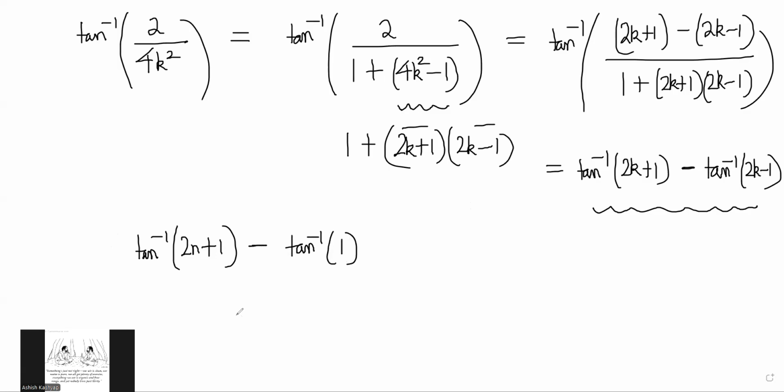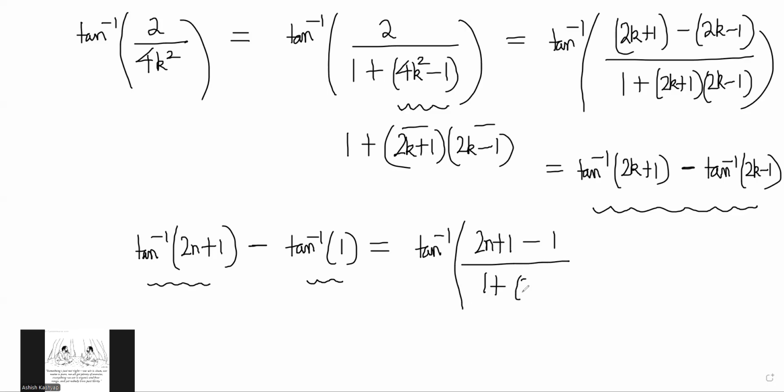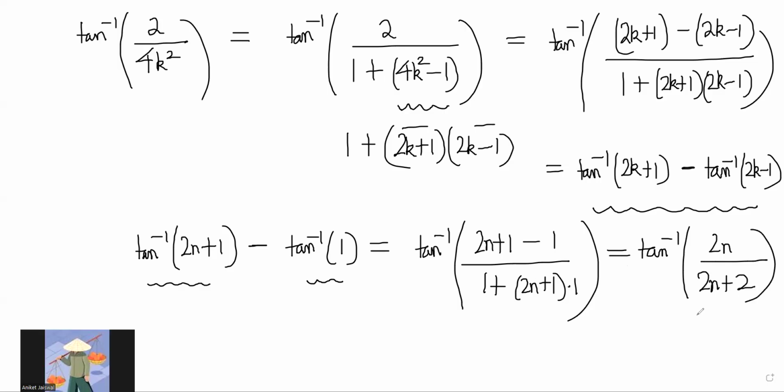Using the same formula, we can write it as tan inverse of (2n plus 1 minus 1) by (1 plus (2n plus 1) into 1). So this will become tan inverse 2n by (2n plus 2), which is equal to tan inverse n by (n plus 1).